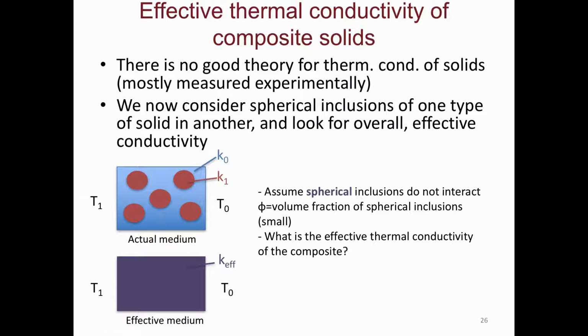And if that thermal conductivity is, let's say, 10 times larger than the rest of the matrix, then I don't even have a notion that the rest exists in my medium, right? So obviously a simple volume average is not always applicable.